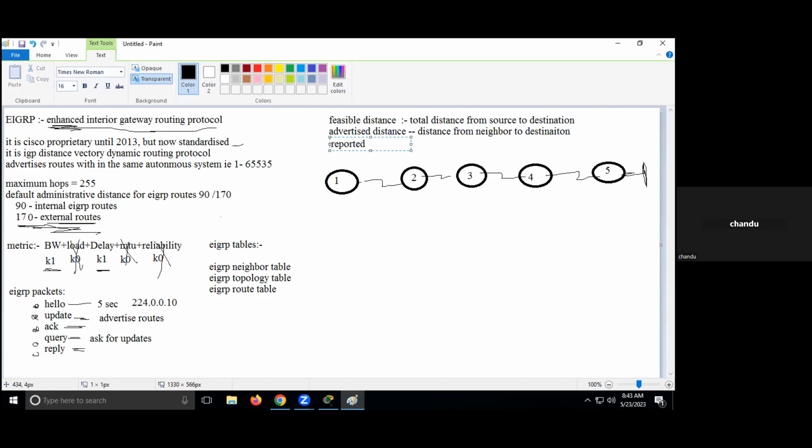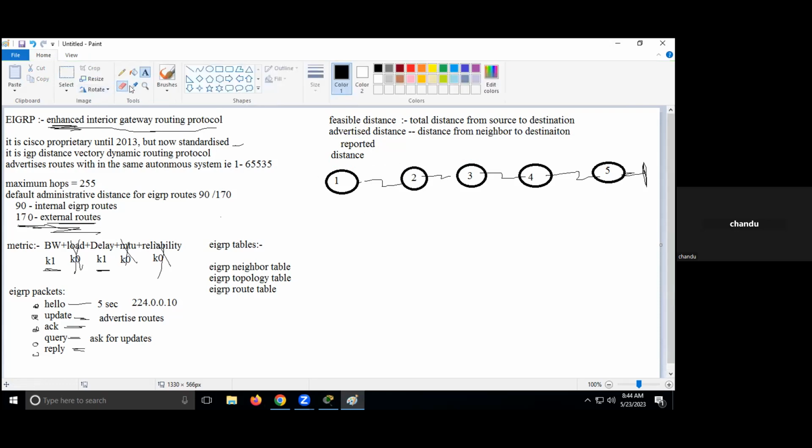Some people use reported distance as well, but most commonly what we use is advertised distance. Now, what do you mean by advertised distance? It is the distance from the neighbor to the destination.